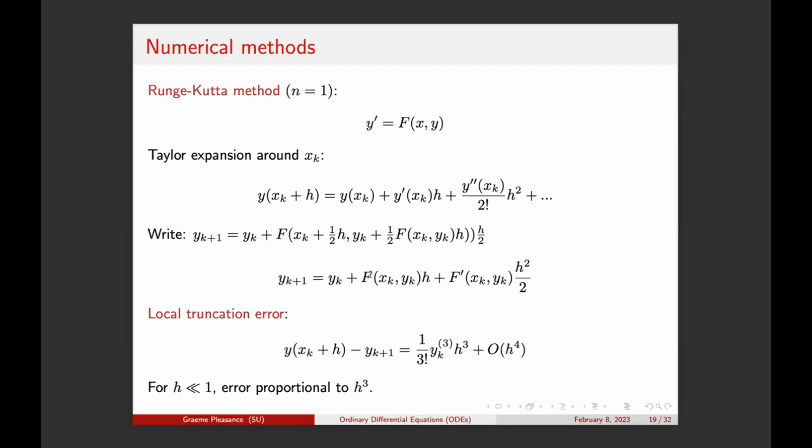And so the idea with the Runge-Kutta method is that it implements a slightly more sophisticated approach where we don't assume that the derivative of f is constant over each subinterval. We approximate it by taking the average of this over the interval x_k to x_{k+1}.